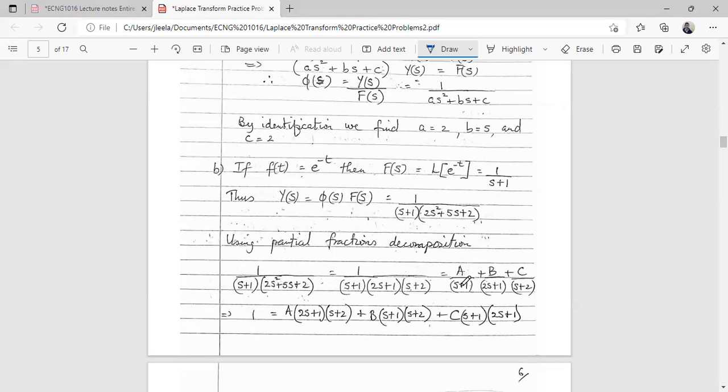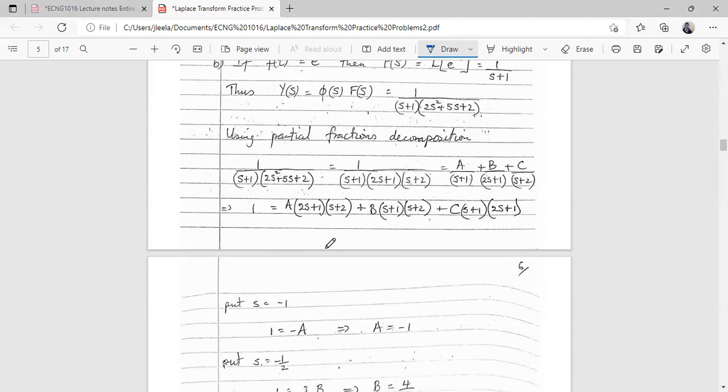So the rule here is A over s plus 1 plus B over 2s plus 1 plus C over s plus 2. And then you multiply throughout by s plus 1, 2s plus 1, and s plus 2. Which means you'll get 1 is equal to A(2s plus 1)(s plus 2) plus B(s plus 1)(s plus 2) plus C(s plus 1)(2s plus 1).